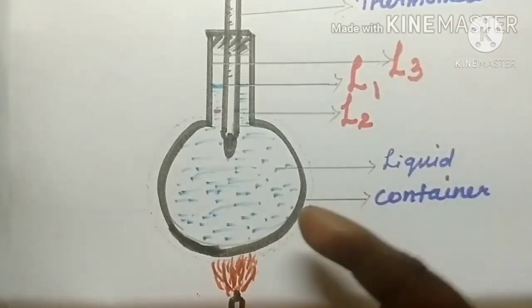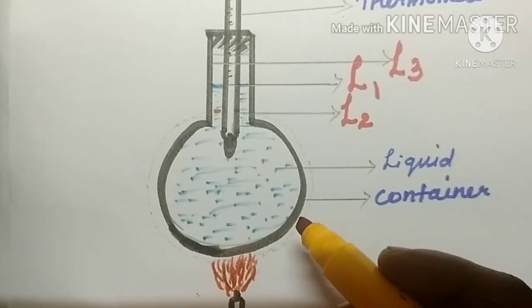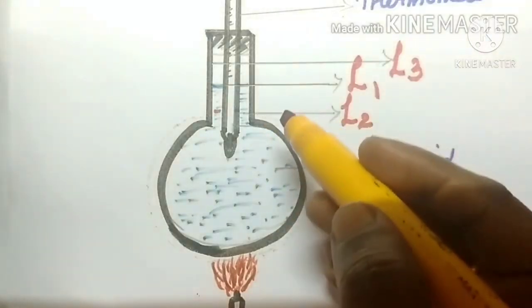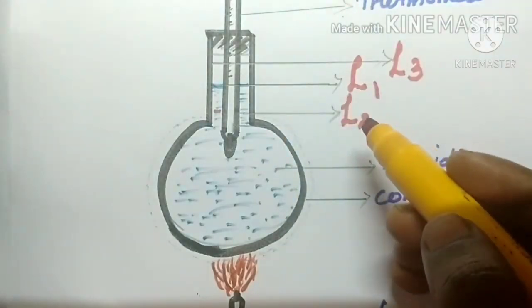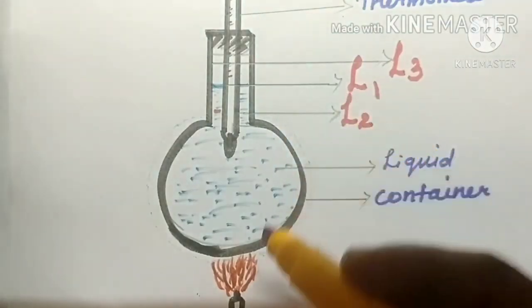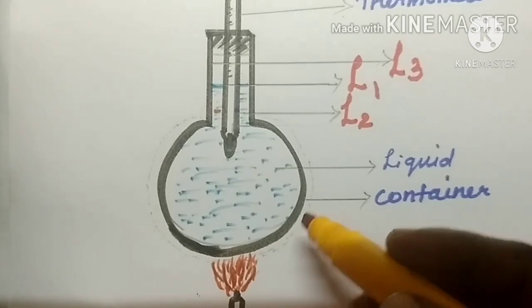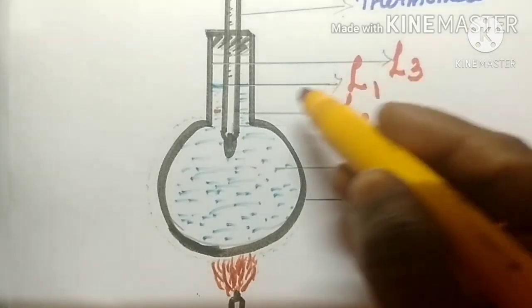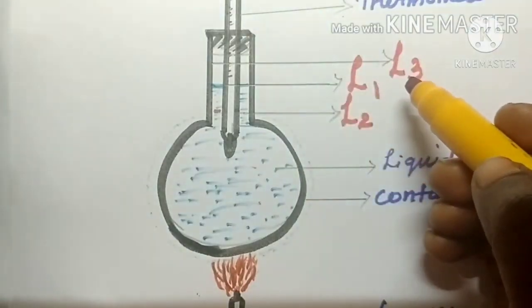Initially the container receives the thermal energy and it expands. Now the volume of the liquid appears to be reduced. That level we marked L2. With further heating, the thermal energy is supplied to the liquid through the container, so the level of the liquid increases, that is L3.